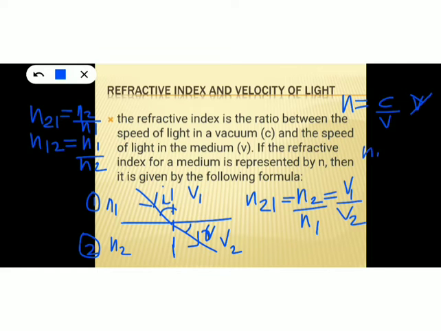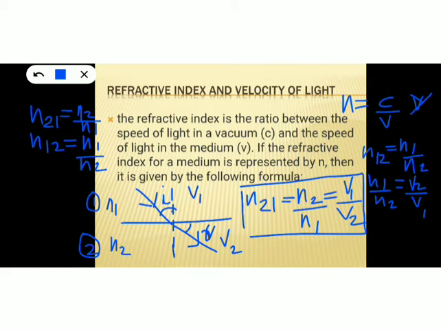Similarly, we can write N12 is N1 by N2, isn't it? N12 is N1 by N2. So N1 by N2 is equal to V2 by V1. So this is the relationship between refractive index and velocity of light in the respective media. So N2 by N1 is equal to V1 by V2. Okay, you must study this relation. This is the relation between refractive index and the velocity of light in different media.